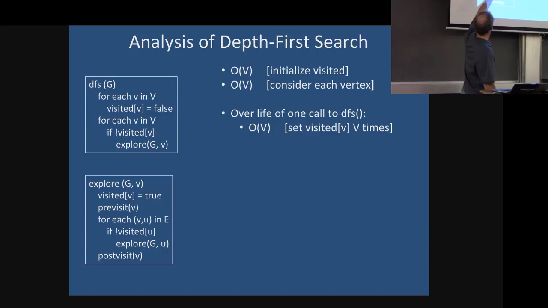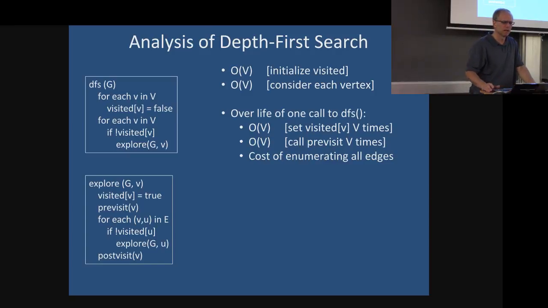But over the life of the entire algorithm, we'll hit this statement V times. Okay, so the cost of that set is V times. What about pre-visit? How many times do we call pre-visit? Over the life of the entire algorithm, V times, once per vertex. Okay, now we get down to here. So let's break this down into its pieces. We've got to find all the edges out of v.